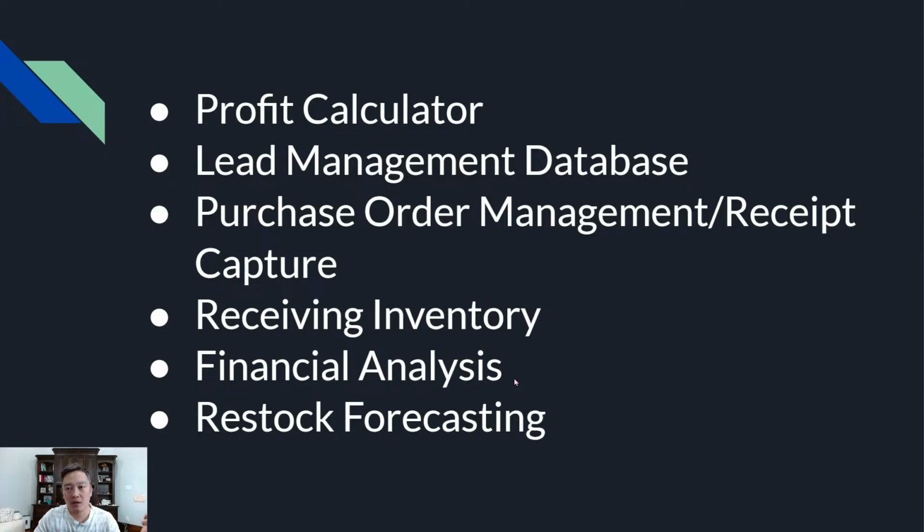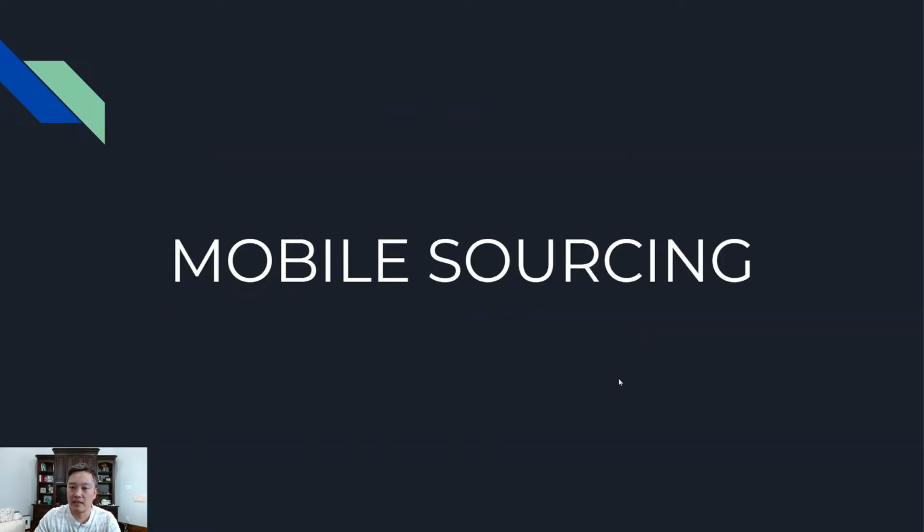So it completes the entire circle, the entire workflow of the Amazon selling business. Now, we're going to go over mobile sourcing, which is the meat of this topic. Thank you for listening to that intro, but it is important for you to understand the entire workflow so that it makes sense once I show you how I do it on mobile.